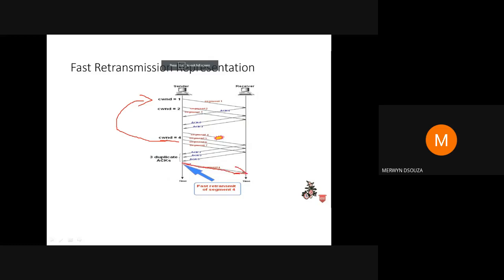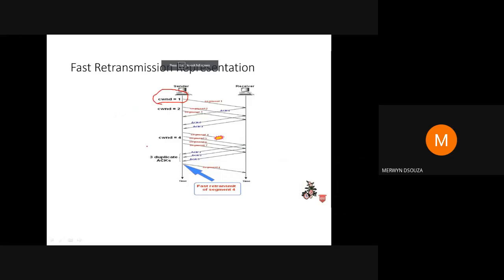Whenever the lost segment was retransmitted, fast retransmit would invoke the slow start mechanism and set the congestion window equal to 1. By doing this, the network speed would be reduced drastically, since you can only start again from the beginning.